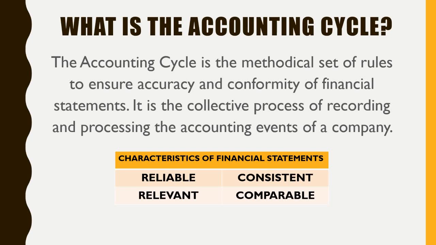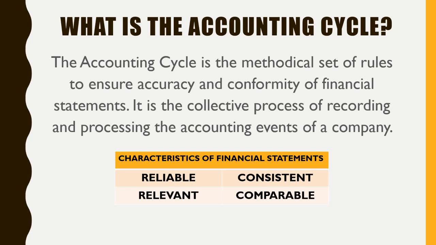What rules are they following that allows someone to take a look at our financial statements and compare them to those exact businesses? Okay, so those are the 4 characteristics of financial statements: the 2 R's and the 2 C's. Reliable and relevant, consistent and comparable.